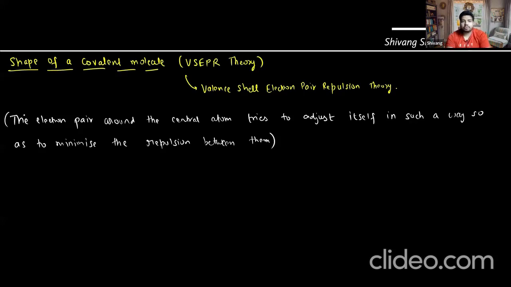Okay. Electron pairs around the central atom will always try to adjust themselves in such a way so as to minimize the repulsions between them.